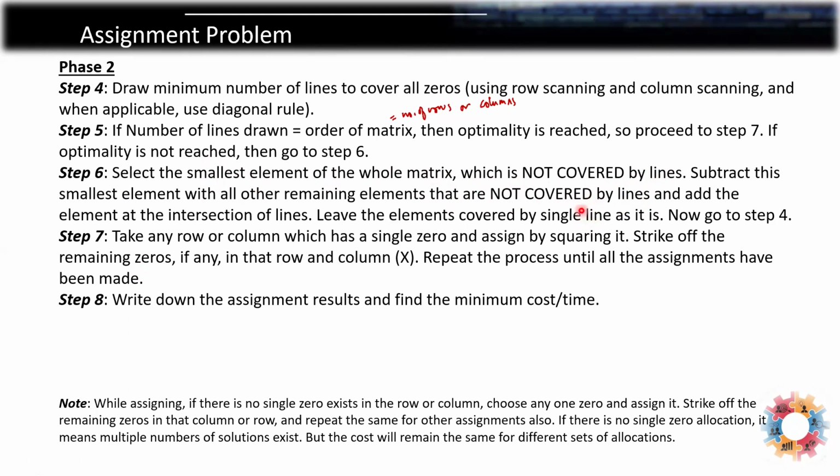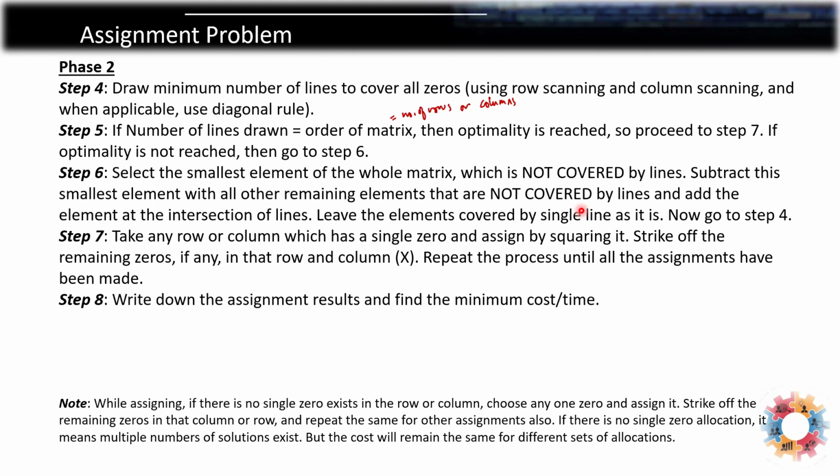In other words, there are 3 things that you're going to do here in step number 6. One is, after selecting the smallest element of the whole matrix which is not covered by lines, subtract that smallest element from those entries that are not covered by lines.